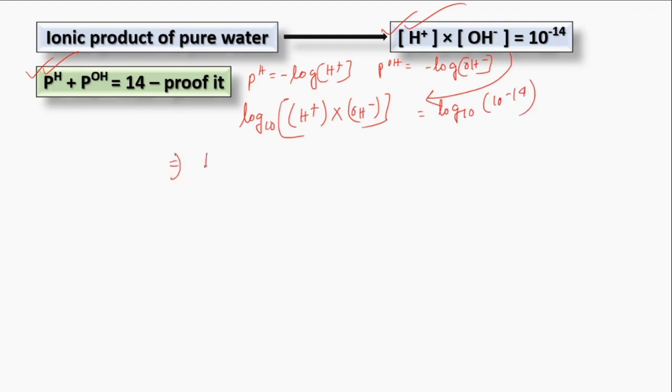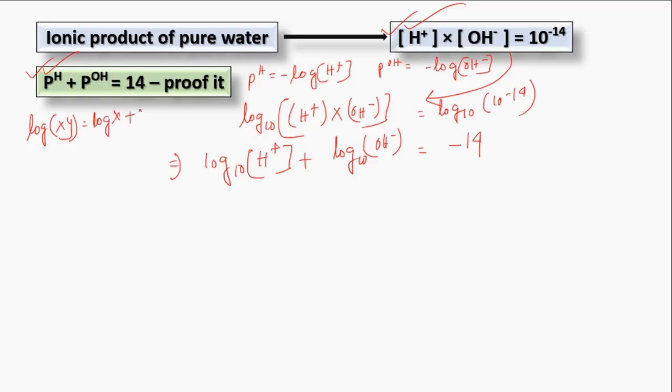On the next step, we can write that log H plus plus log OH minus equals minus 14. We all know the log property: if log operates on xy, it gives log x plus log y, and if we operate log on x to the power y, we get y log x. That means the power will come before the log.